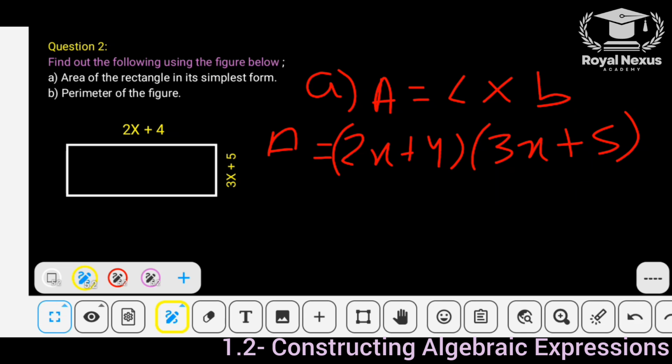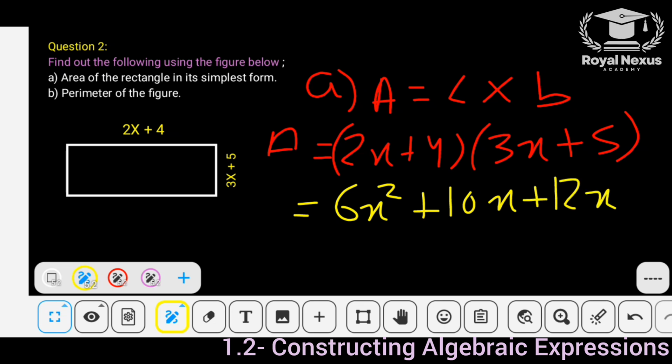So first it will be 2x times 3x, that is equal to 6x square. Similarly 2x times 5 is equal to 10x, and then 4 multiplied by 3x will be 12x, and 4 times 5 will be 20.